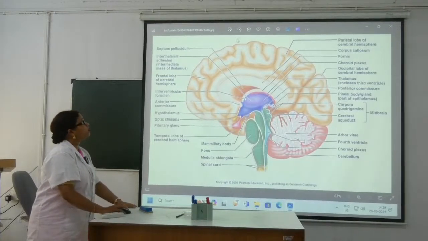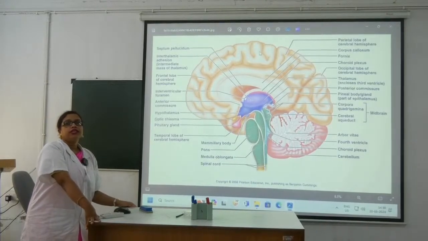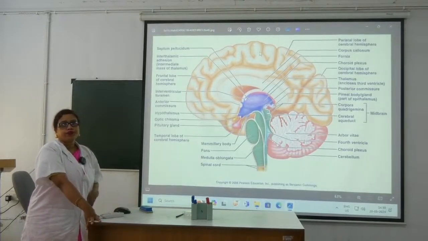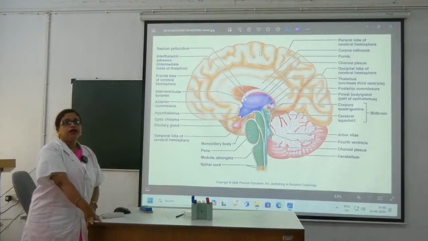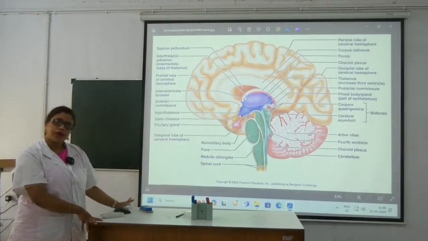Okay, now if you go posteriorly, what are the thing you will get? Just write it down. Just posterior to the paracentral lobule. এই ইমেজটাই নেই, I will show you the image.